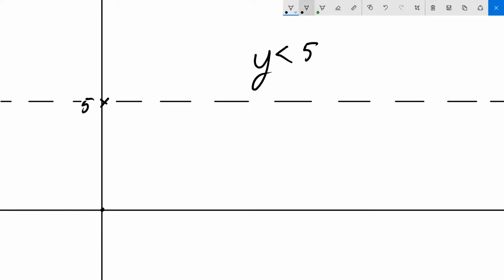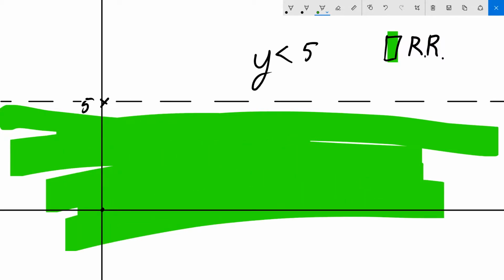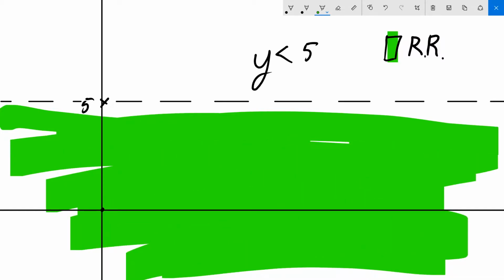Again, we have to put our key in, our region required, our RR, and then we have to fill in what the region required actually is. So I'm going to say that the region required is everything here in green.